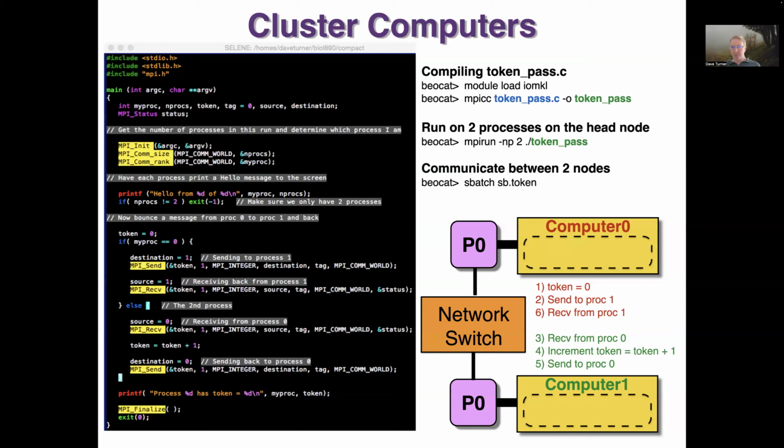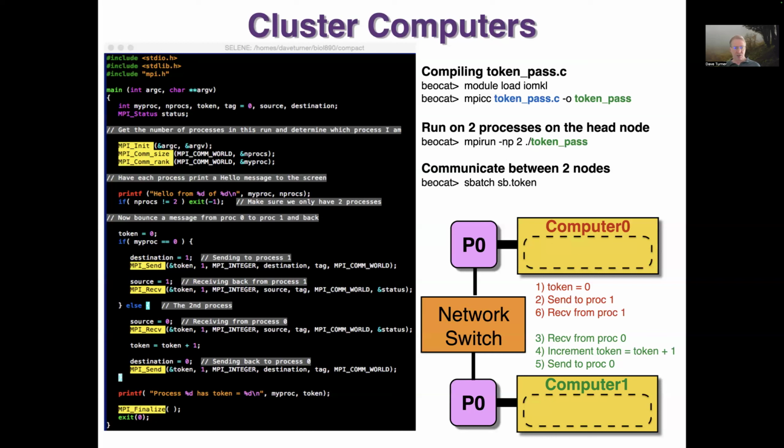This particular program just sends a message from one computer to the next, and then waits for it to be received and sent back. The conditionals down there say if myproc is 0, I'm going to initiate this and do a blocking send to the destination.